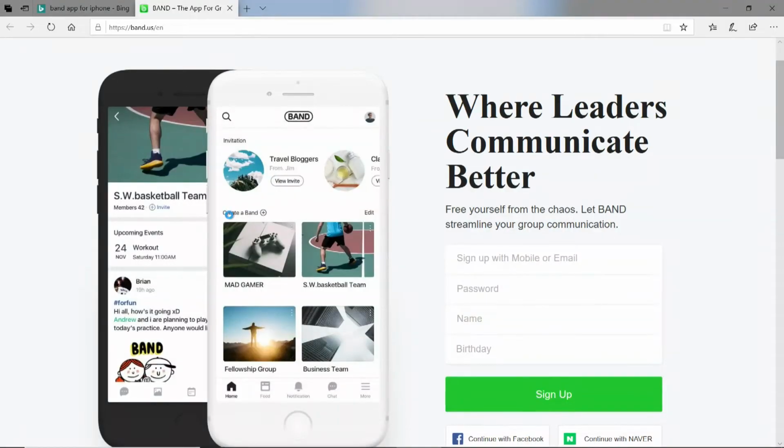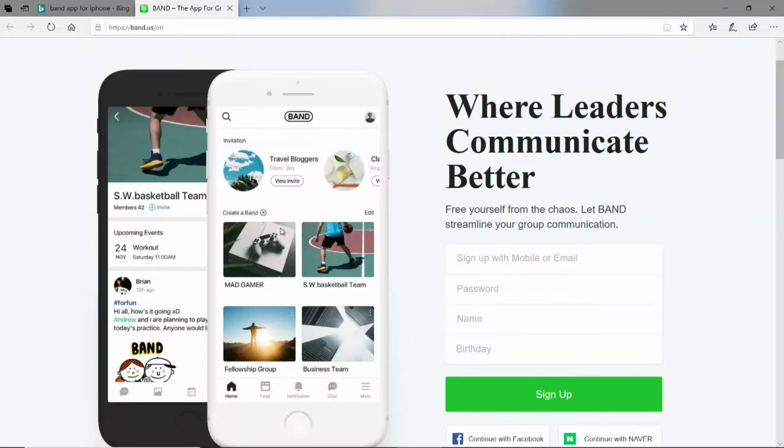It looks like this. It's called Band, B-A-N-D. Here's the logo for it. If you're downloading it for your phone, it has a green colored logo with a lowercase b, and the app's called Band.